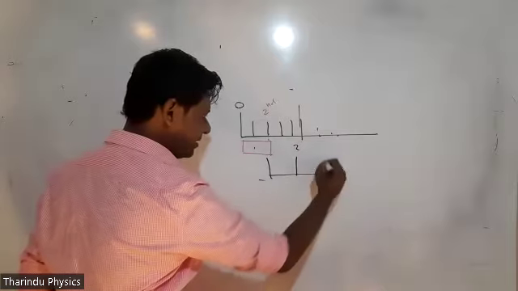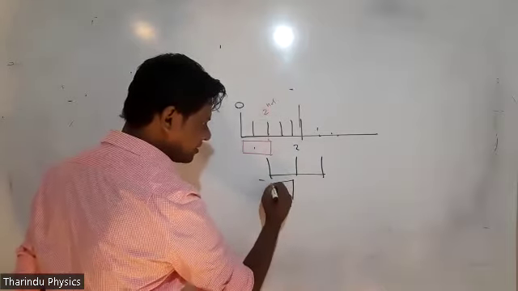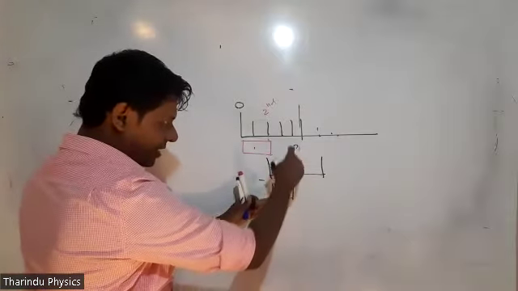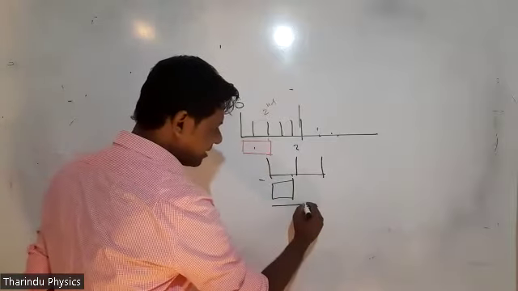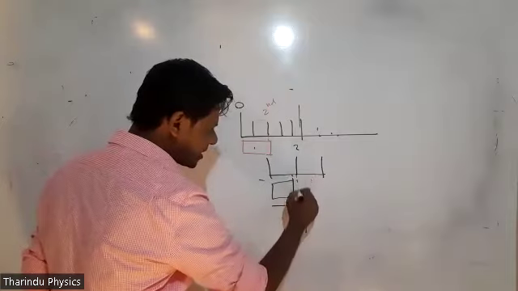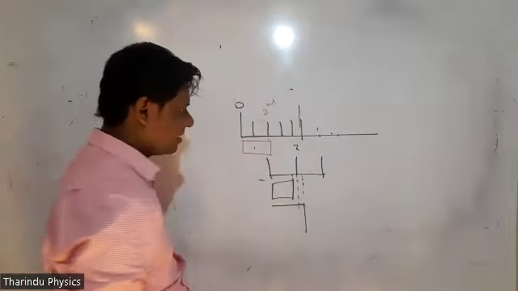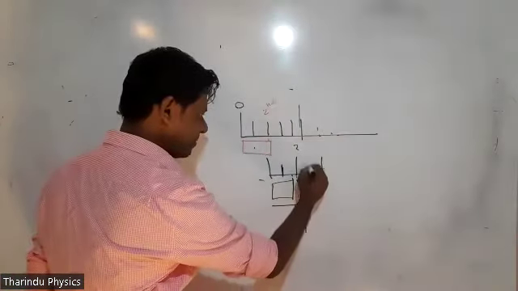If you enlarge it, sometimes it can be a little bit smaller than the second line, or sometimes it can just surpass the second line. So the maximum tolerance range is half of the range.